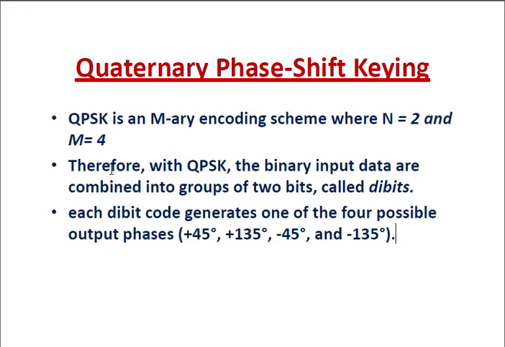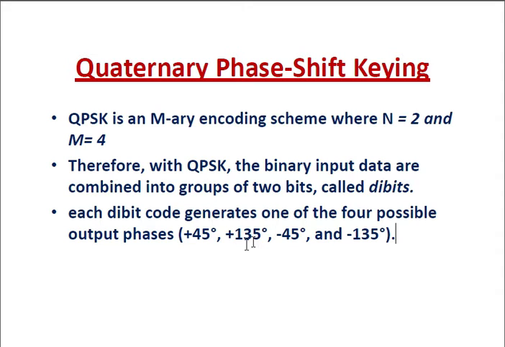of 2 bits, called dibits, and for each dibit a code is generated, one of 4 possible output phases: plus 45 degree, plus 135 degree, minus 45 degree and minus 135 degree. It is also shown as 45 degree, 135 degree, 215 degree and 375 degree.